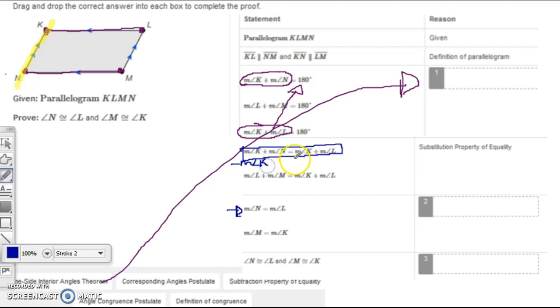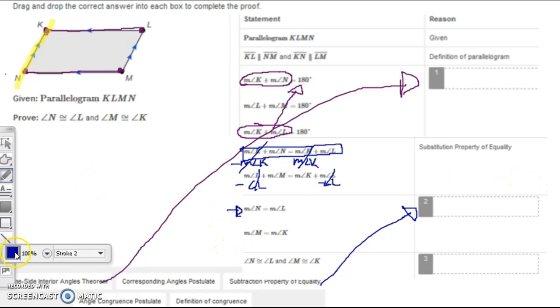So we could subtract off the measure of angle K, adios, and we would end up with the measure of angle N equals the measure of angle L. So we're actually subtracting, and if we check the next one, M and K, notice we're subtracting the measure of angle L on this side, and we're subtracting the measure of angle L on this side. Those cancel, and we get the measure of angle M equals the measure of angle K. So to do this step, we are using the subtraction property of equality.